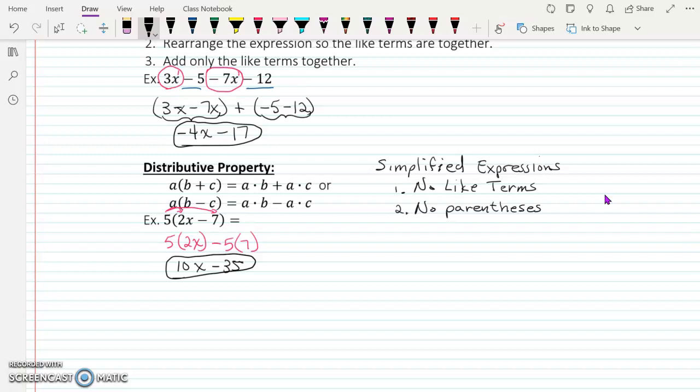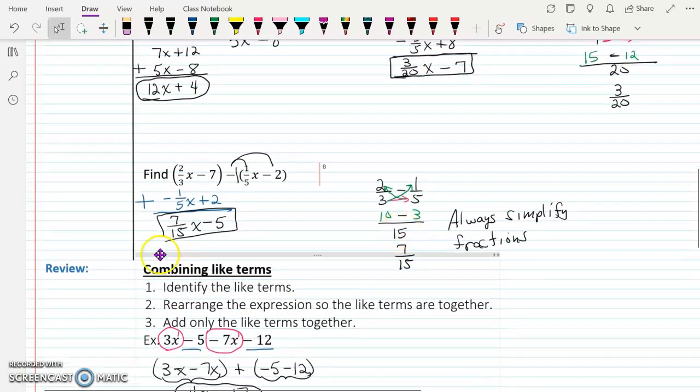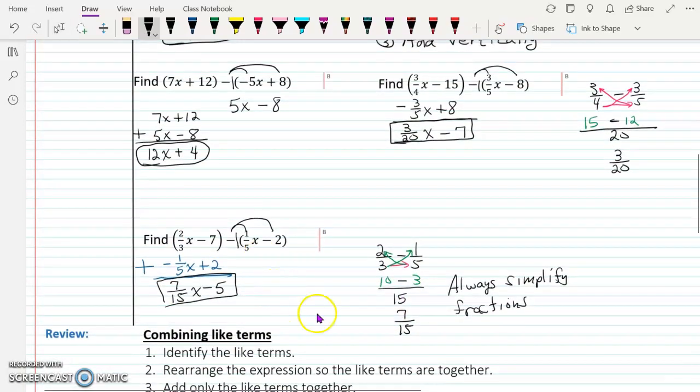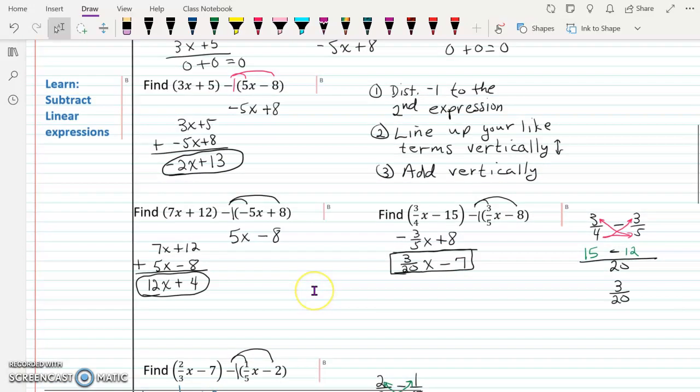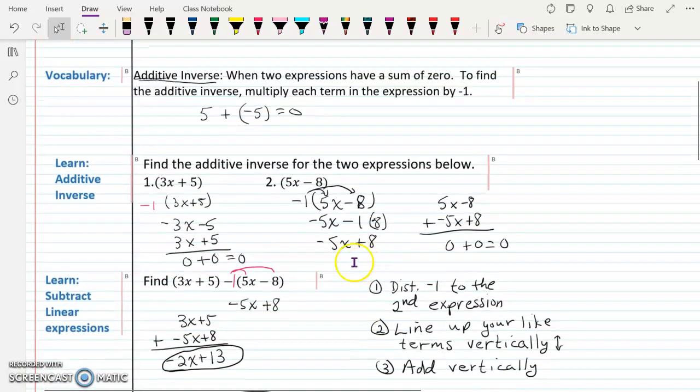Okay. I'm not going to review the adding linear expressions with you because that was actually part of today's lesson. After I changed the signs, we added vertically. Therefore, that was your review of adding linear expressions.